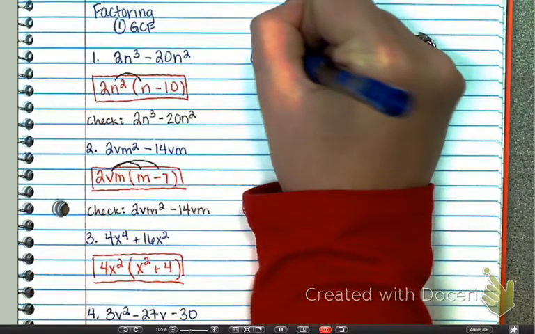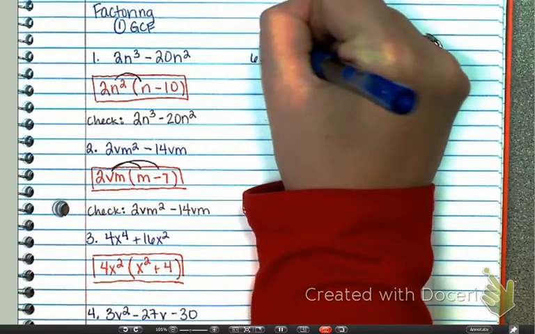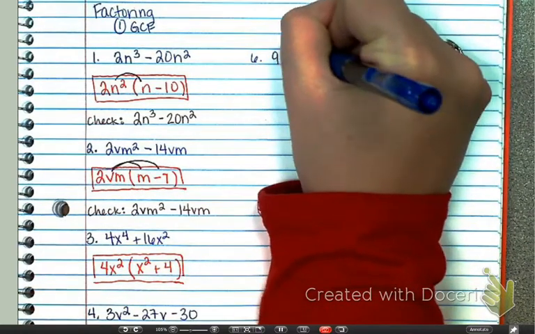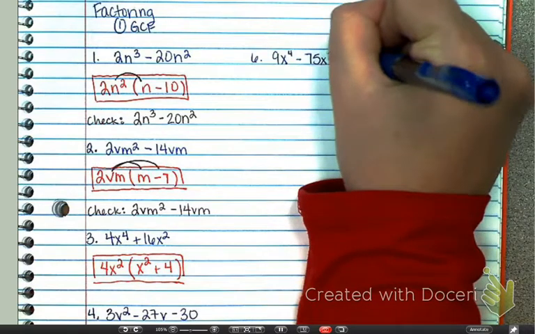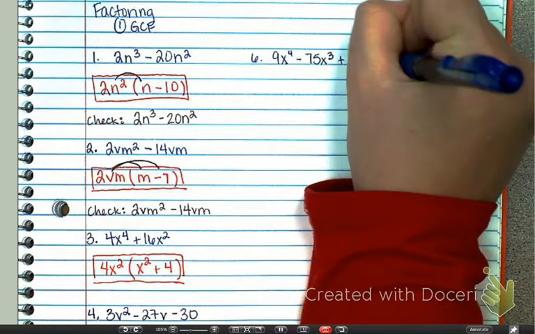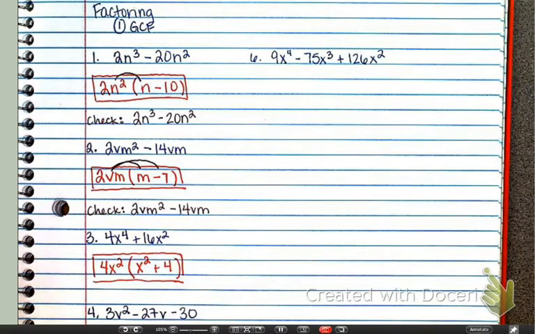How about 9x to the 4th minus 75x to the 3rd plus 126x squared. I'm going to say if you can do this, I have pretty much confidence in you that you can do all GCF. Okay, so take a second and see what you get.